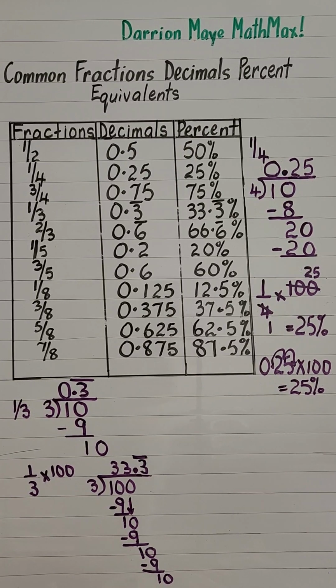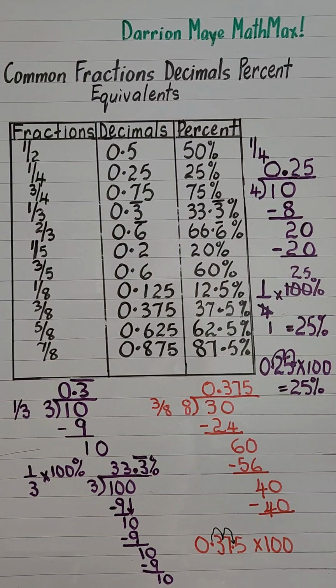And therefore 1/3 is equal to 0.3 repeating. And as a percent, it's equal to 33.3 repeating percent.